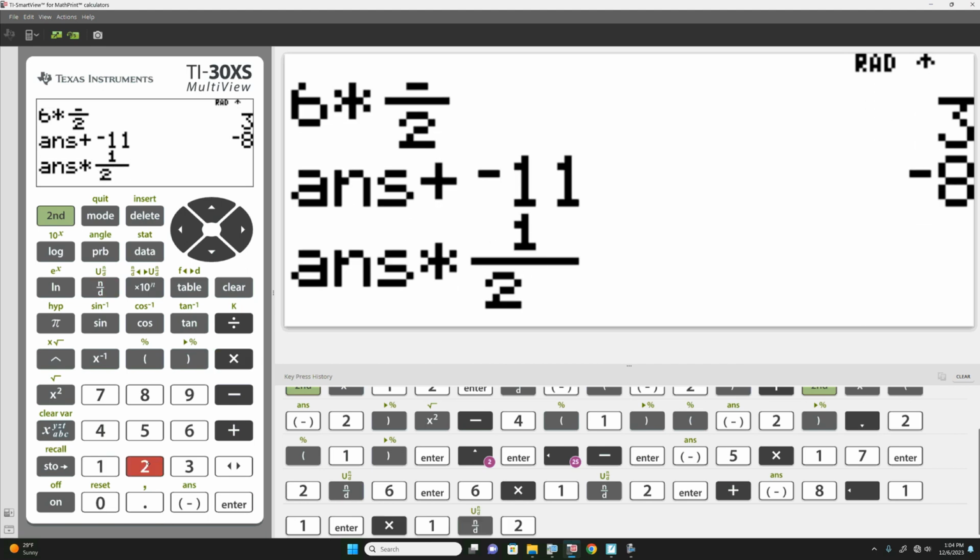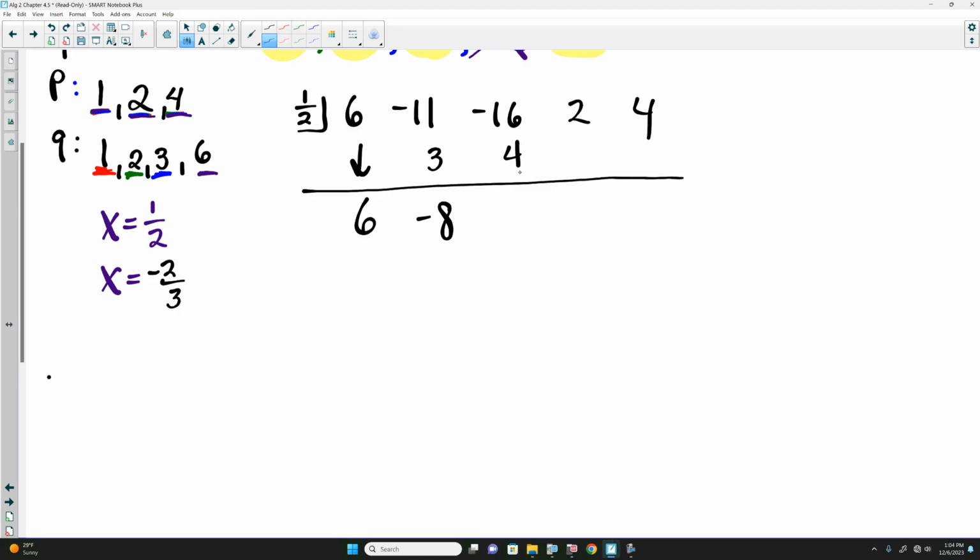Times 1/2, then we add negative 16 to it and get negative 12. Times that by? Yes, thank you. Because that's going to change things. Negative 20, yes. Times it by 1/2 gives us negative 10. 2 plus negative 10 is negative 8, and 1/2 times negative 8 is, which does give us 0.